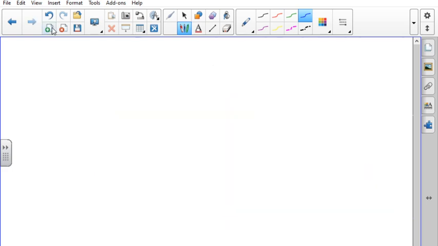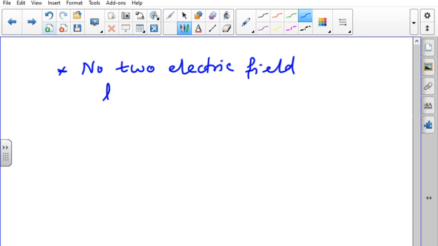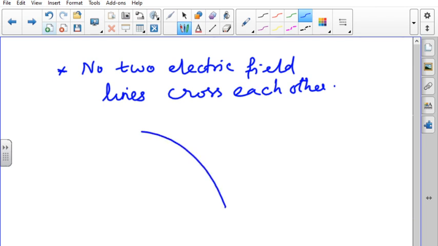Now let us move on to the next property: no two electric field lines cross each other. This is very important. If I draw like this, you know very well that it is an electric field line. It can be curved also.